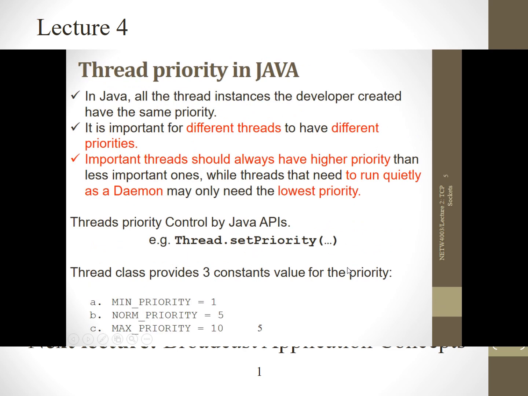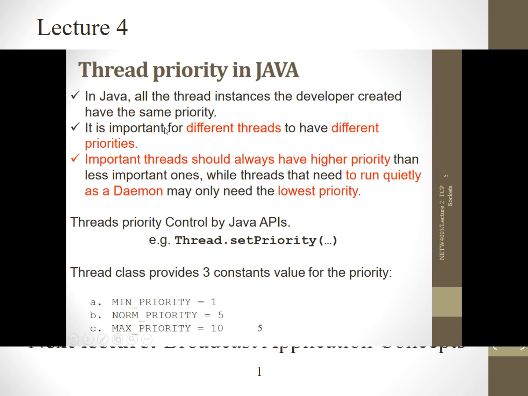Another point is that to handle priorities in Java, thread priorities, we have an API known as thread.setPriority. It says that it is important in Java to control threads by setting priorities. Priority means which thread should have more weightage, that is, which thread should run first while the other threads run later, or which thread will be visible and other threads could be hidden in the background.